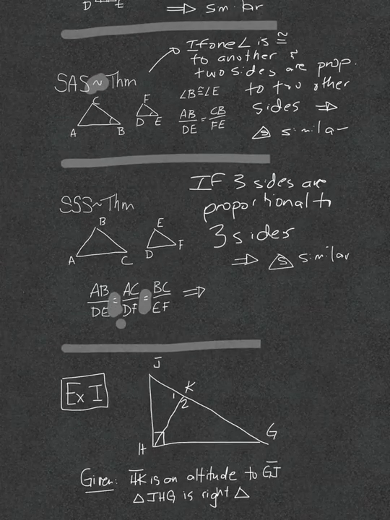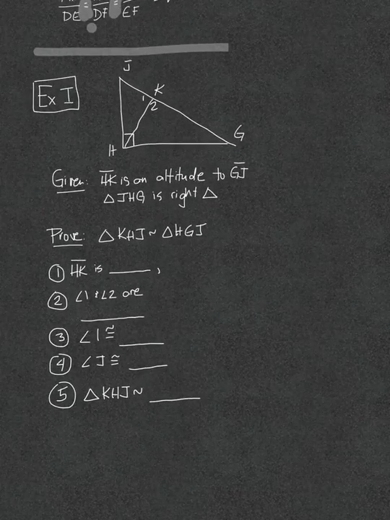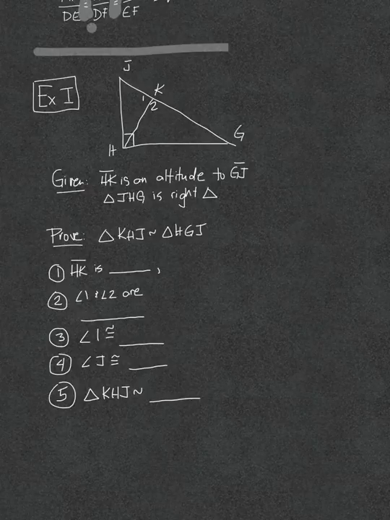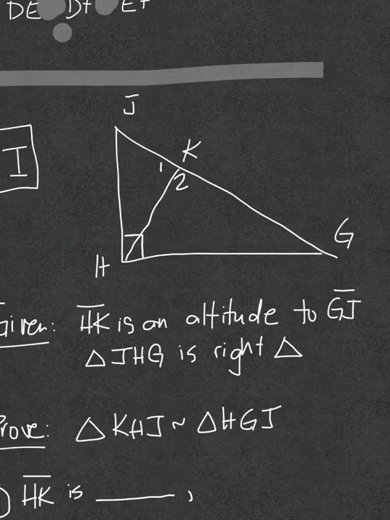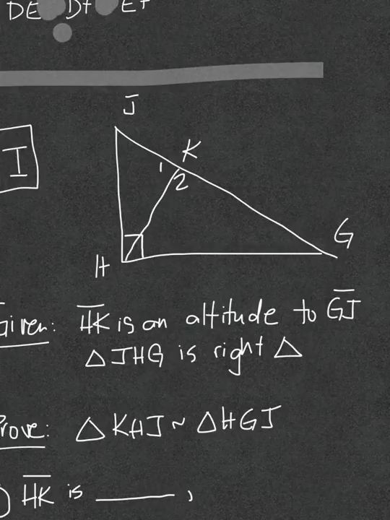And I'm going to go through a proof here, kind of with you. This is in the book, I think. I think they call that example 3. Starting off here, we've got a right triangle, and an altitude that is drawn in that right triangle. You can assume angle H is the 90-degree angle in that right triangle.